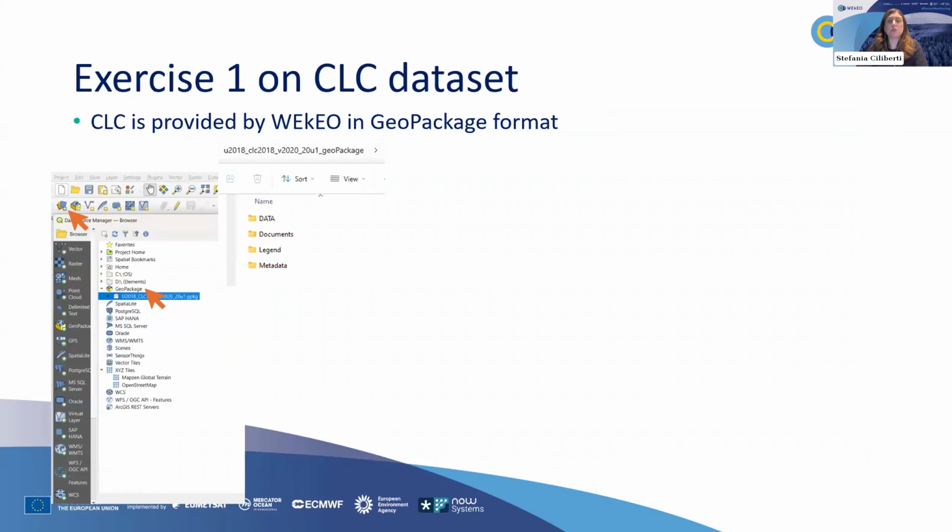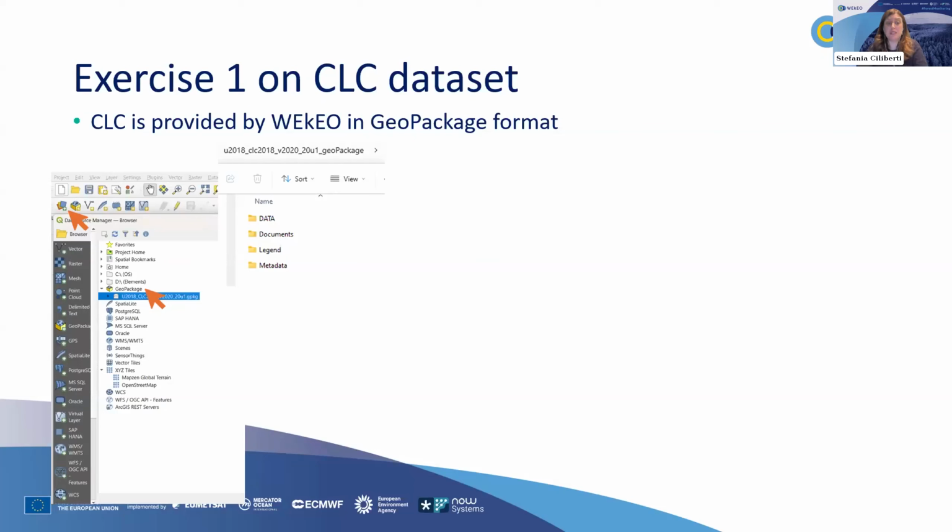So the first exercise that was proposed is related to the CORINE Land Cover. CORINE Land Cover data is provided by WEkEO in GeoPackage format, so I'll keep somehow a link also with the previous questions about the formats supported by QGIS.